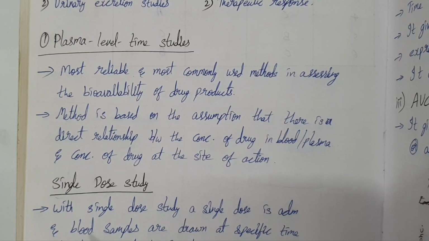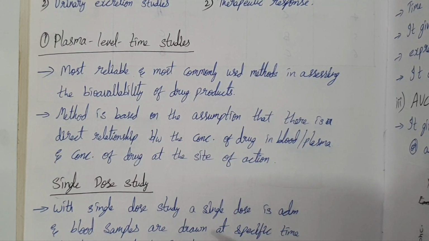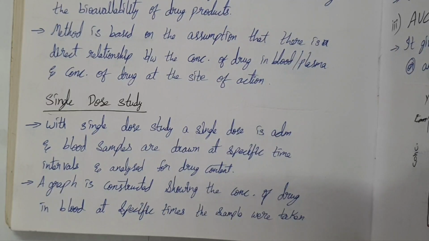We give a single dose of the drug and then take blood samples at regular intervals. We plot the plasma concentration against the time to get a graph. So in that we are going with the single dose study.